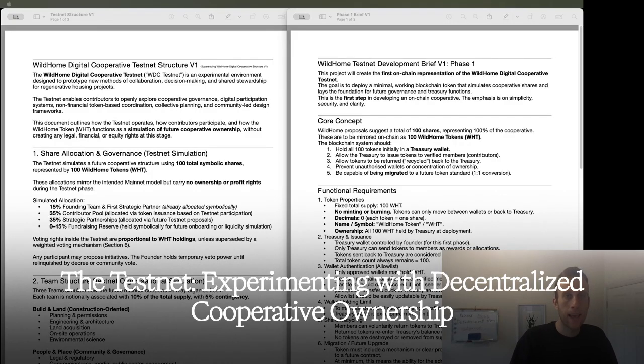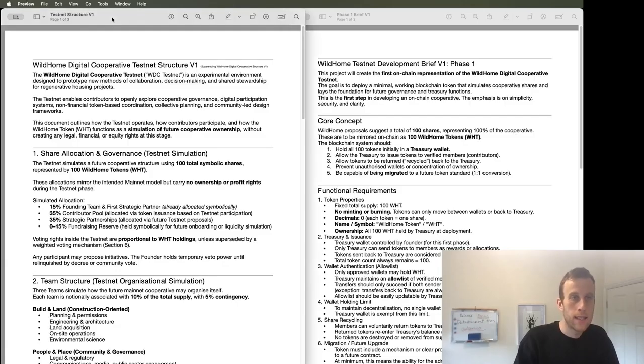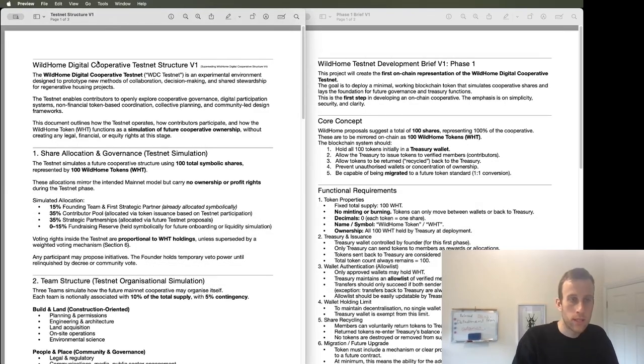The testnet is a simulated environment where we can experiment with decentralized ownership of managing, running, making decisions for a cooperative housing partnership. The first document is the testnet structure V1, which is 3 pages.